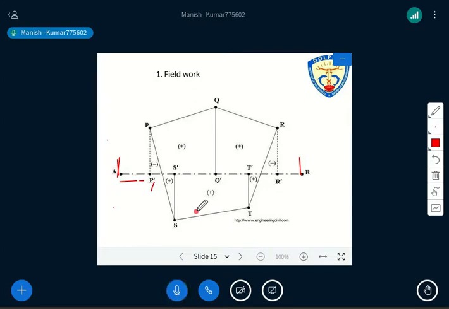You have to write all the observations in the book, whatever measurement you are taking, all these offset measurements. Only the offset measurements are required, and then you have to make the calculation properly, because it is the chain line. So obviously you know the measurement of AP dash, and you also know the measurement of P dash S dash, S dash Q dash, and similarly AP dash, AS dash, AQ dash, isn't it?